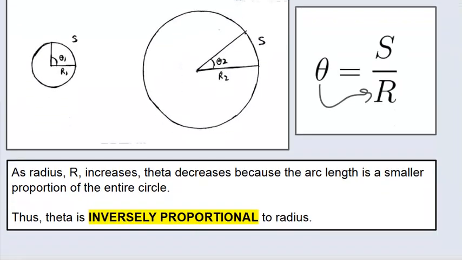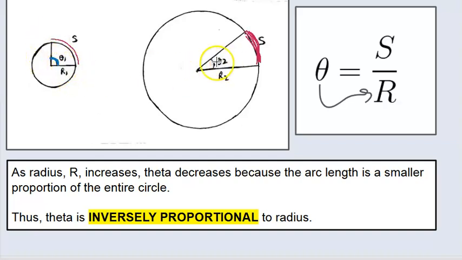Okay, now we're going to keep the arc length the same. So imagine I have the same piece of string, and I see how much of the pizza you get. If you have a big pizza, I'm going to put this string along the pizza, and that's the slice of pizza you get. You can see that clearly this is still more pizza, but the angle theta is 90 degrees here.